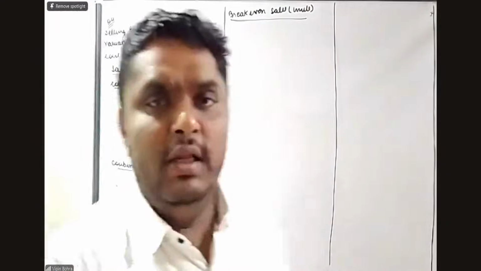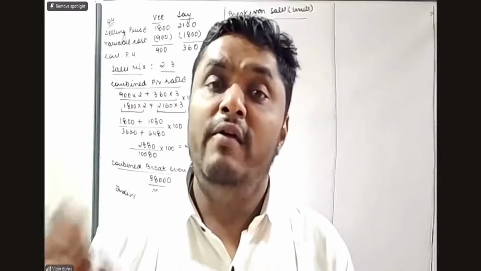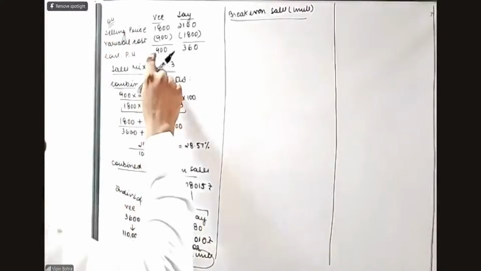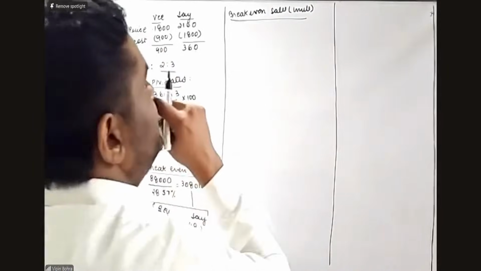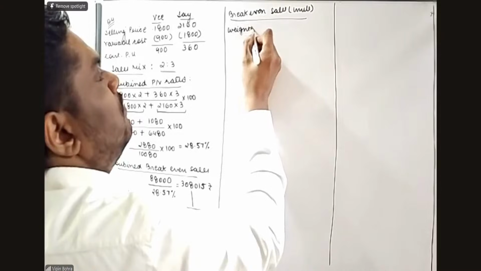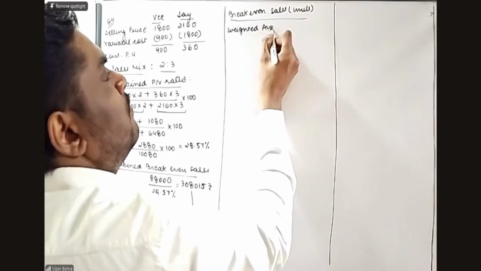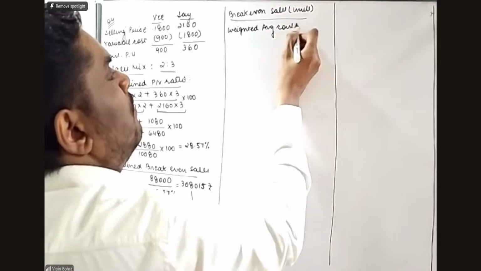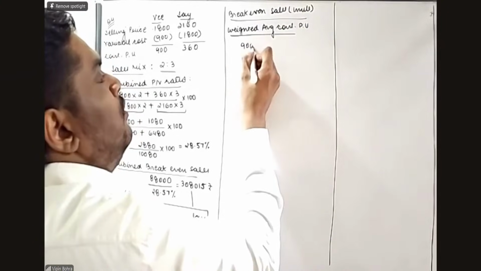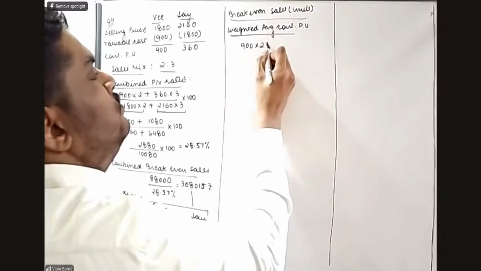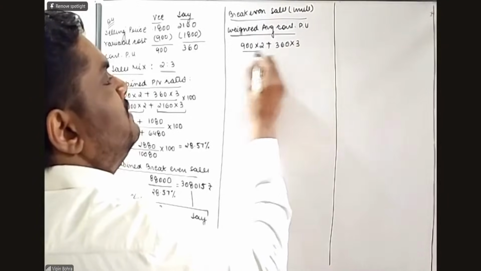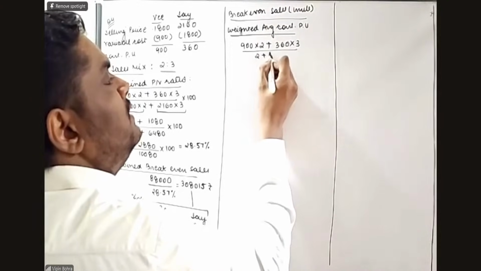For calculating it in units, we have to divide it by the weighted average contribution per unit. So here my contribution per unit is 900 and 360. So 900 into the weight 2 plus 360 into the weight 3, divided by 2 plus 3, this is 5.